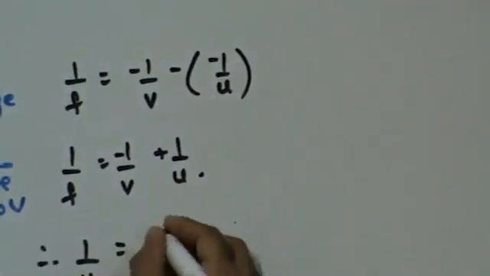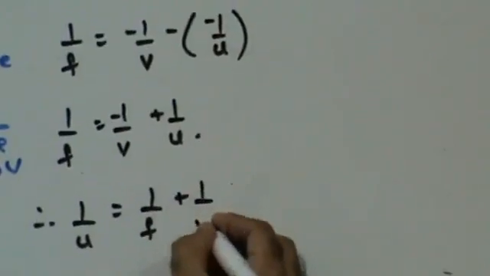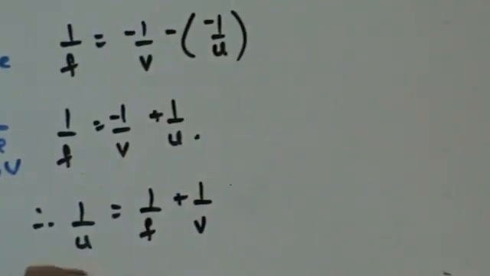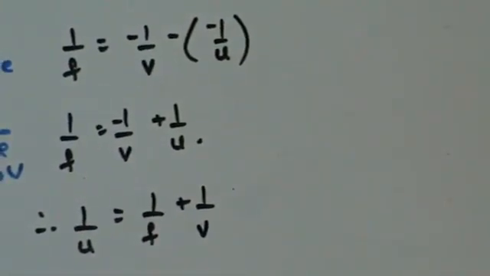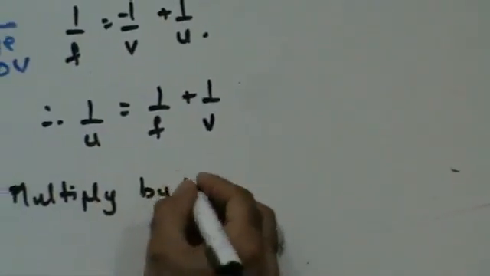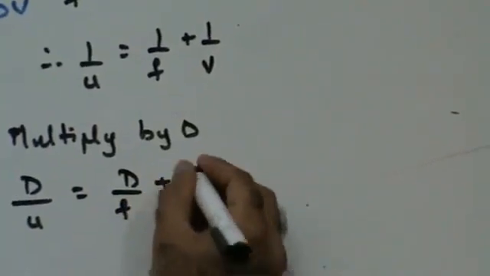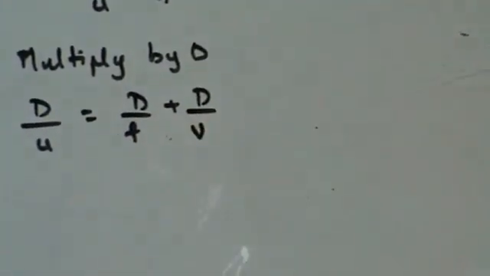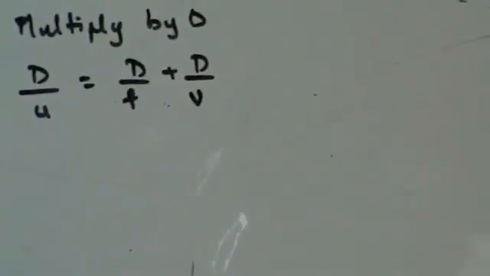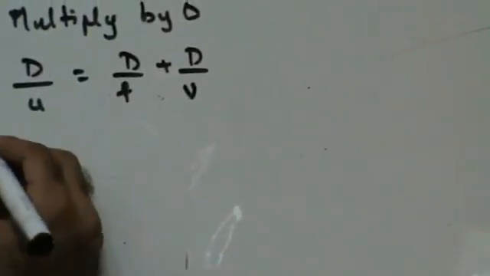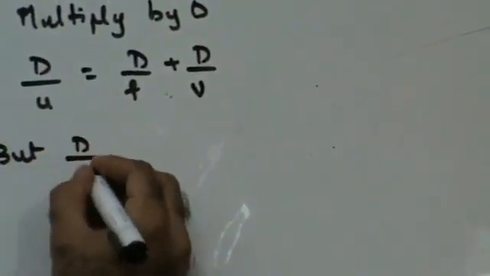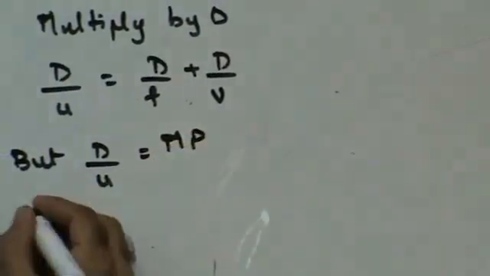Therefore 1 upon u is 1 upon f plus 1 upon v, multiplied by d. If I multiply by d, I will get d upon u is d upon f plus d upon v, right? But we know that d upon u is nothing but magnifying power.